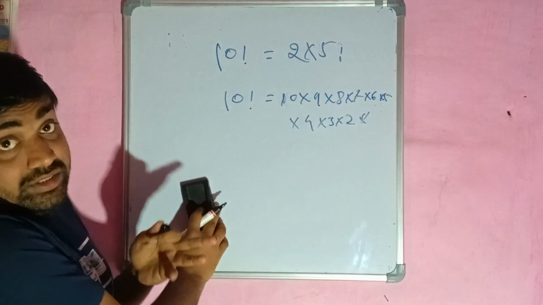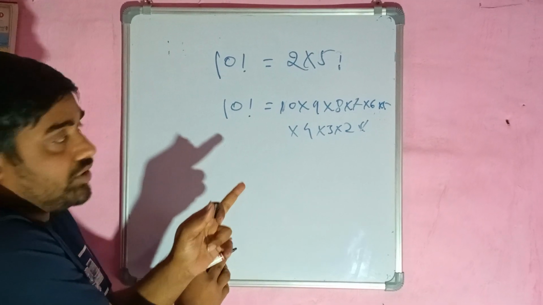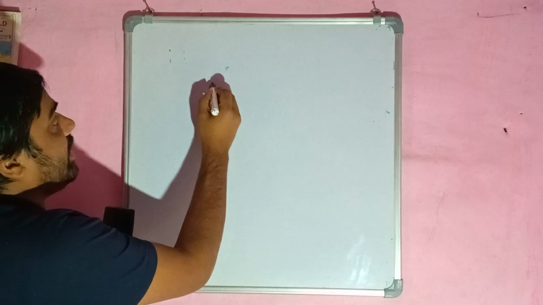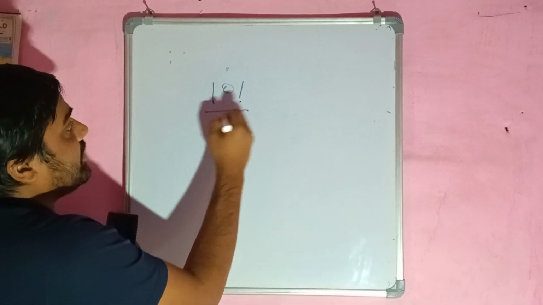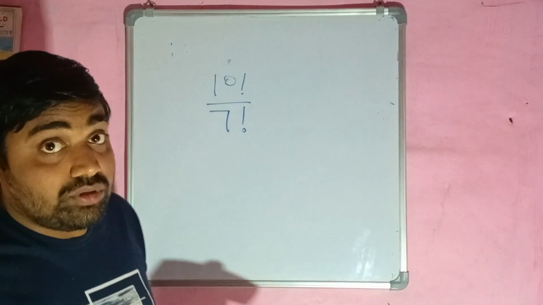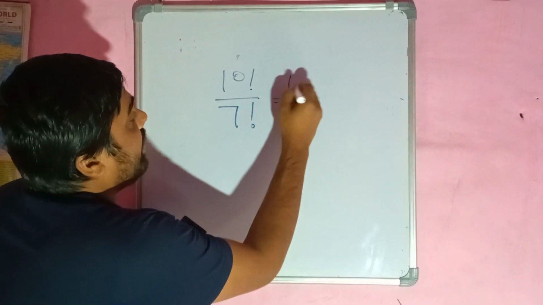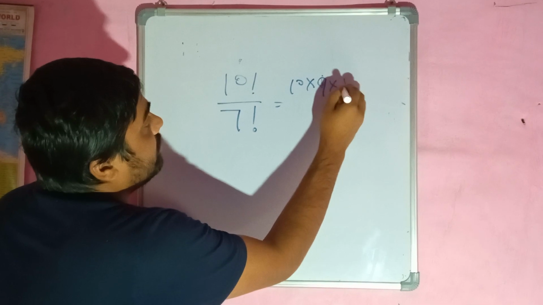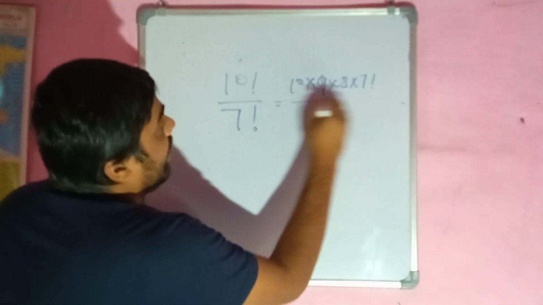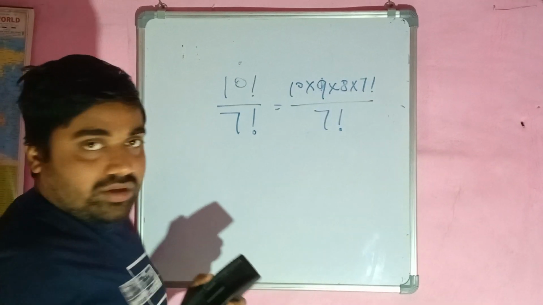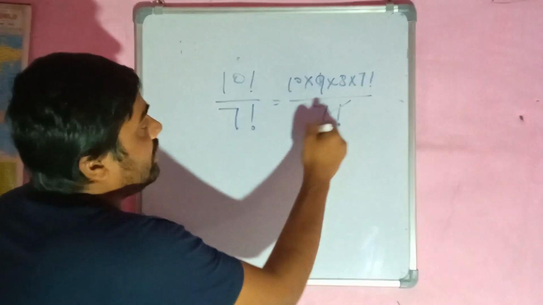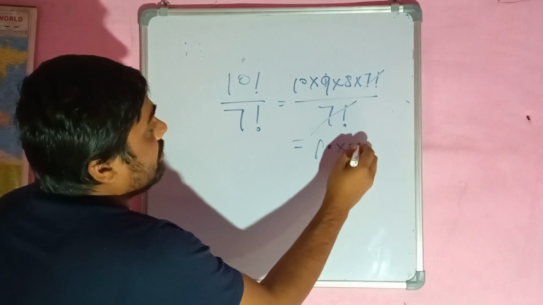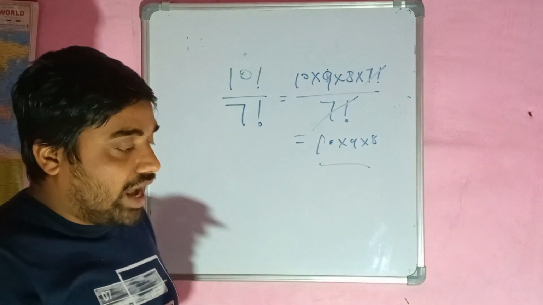Again, if I ask you to find 10 factorial by 7 factorial, then what will you do? You write 10 into 9 into 8 into 7 factorial by 7 factorial. Understood? So we cut this, and we get 10 into 9 into 8. So this is the answer.